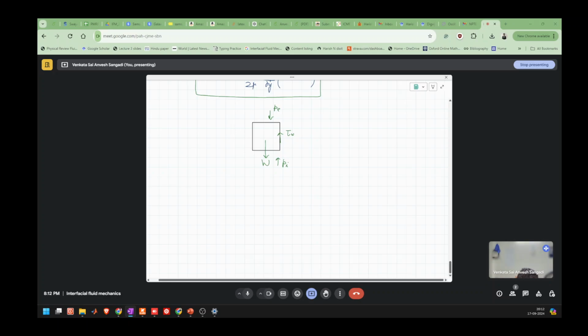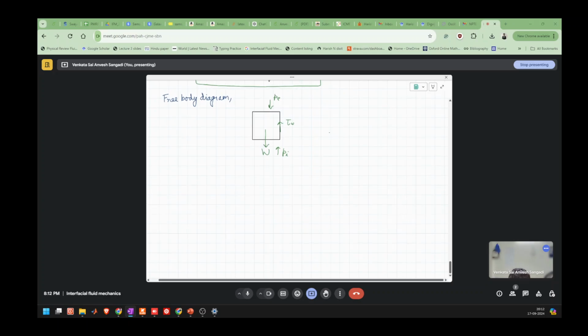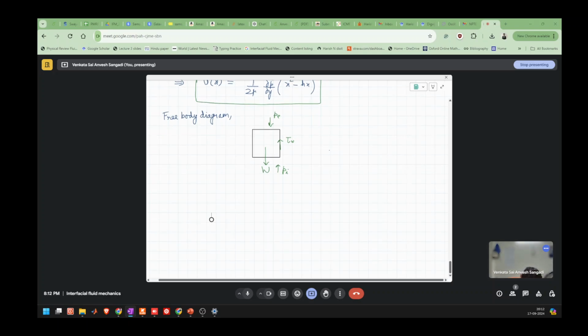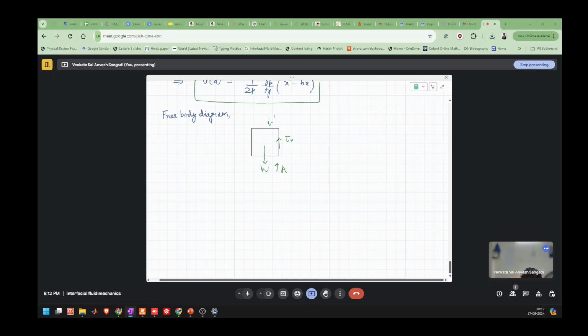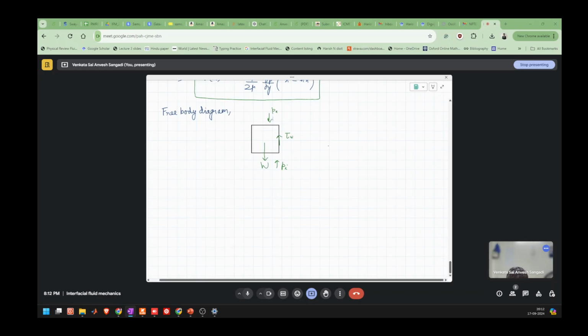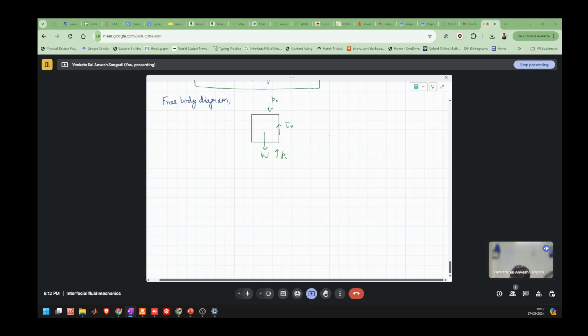So writing down the FBD, this is the free body diagram.